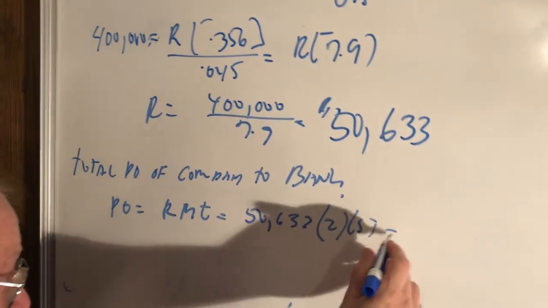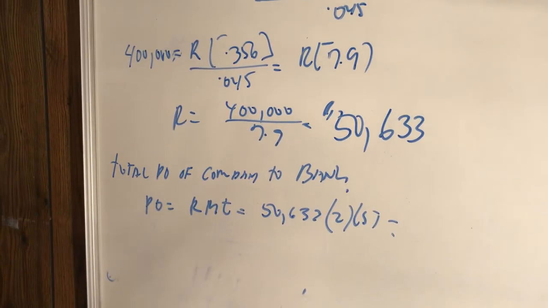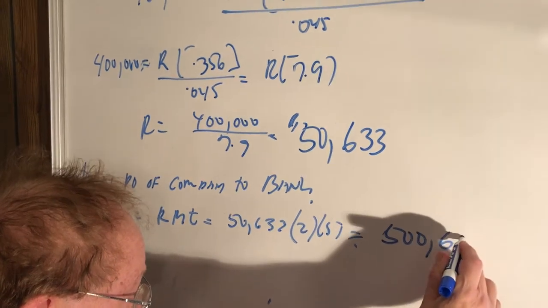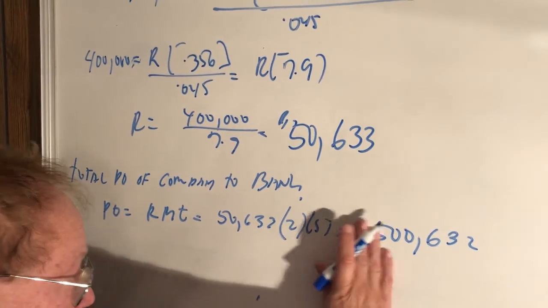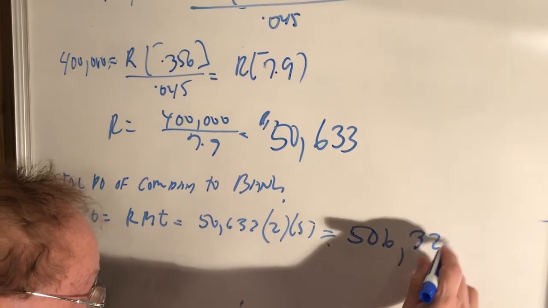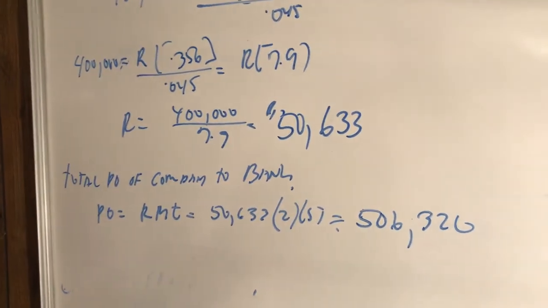So it's 506,320. That's what they paid the bank.